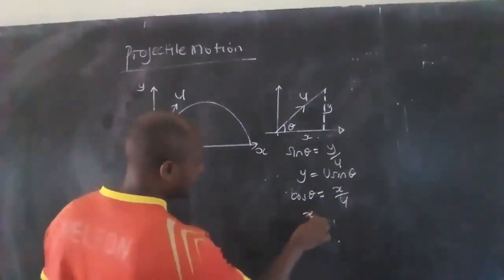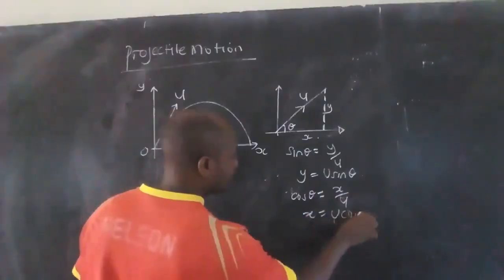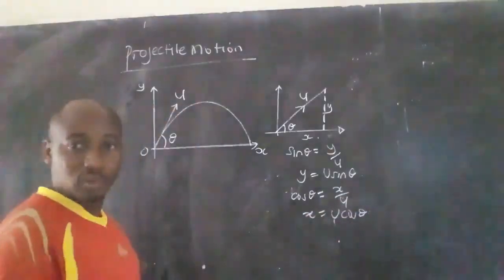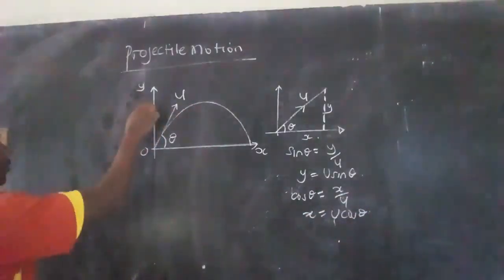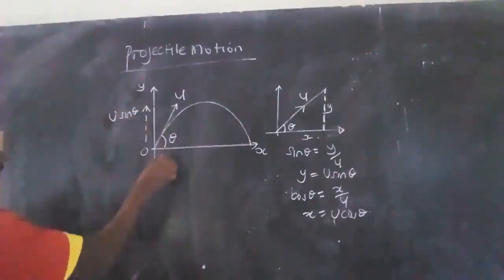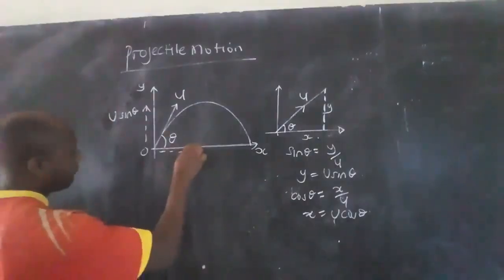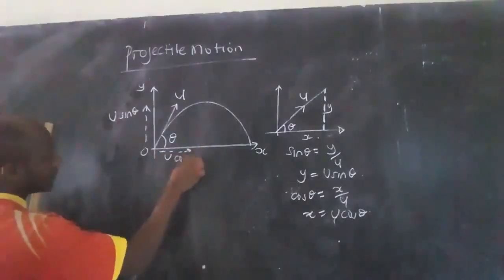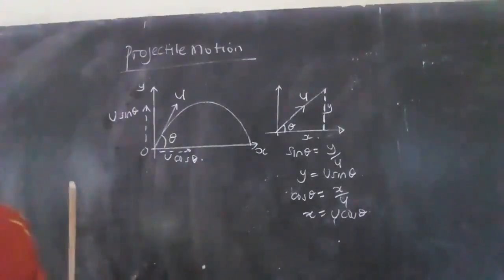So we shall say that x is equal to u cos theta. This is the horizontal component. So here we shall have the component u sine theta, then here we shall have u cos theta. Okay, is that okay?